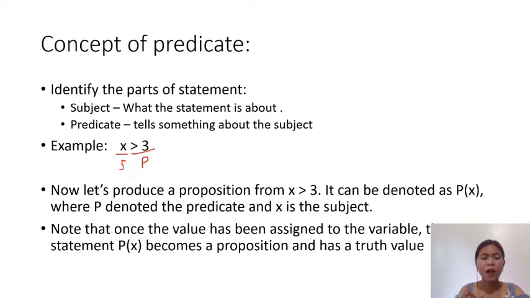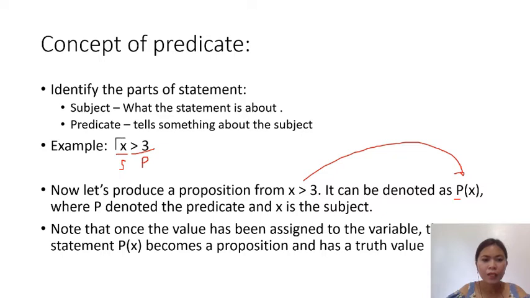So our new proposition, this statement x is greater than 3, can be denoted as P of x, where P denotes the predicate is greater than 3, and x is the subject, the variable x. Let me erase the marking and change my ink color.